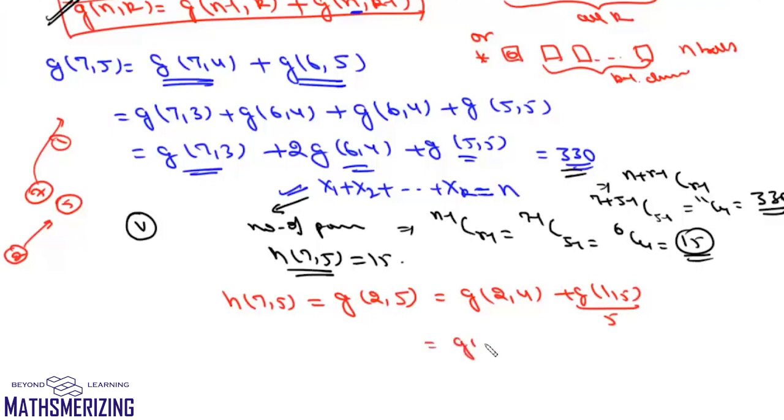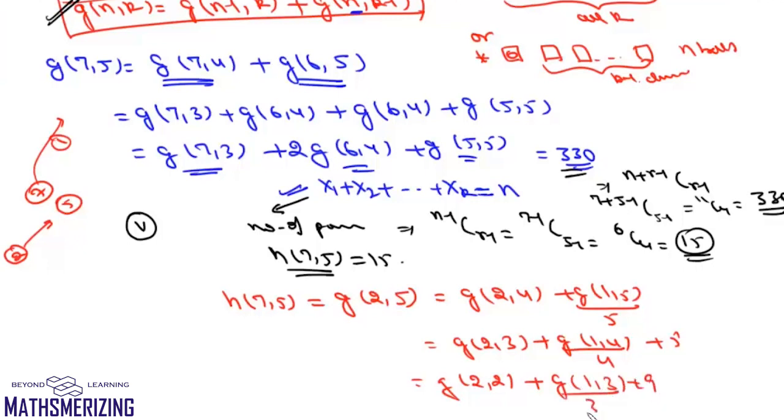Now G(2,4) is G(2,3) plus G(1,4), and G(1,4) is 4. Now this is G(2,2) plus G(1,3) plus 9. G(1,3) is 3 and we know that G(2,2) is 3. So it will be 3 plus 3 plus 9 and that will be 15. So we can also solve this question using the recurrence relation which we have proved in part 3.